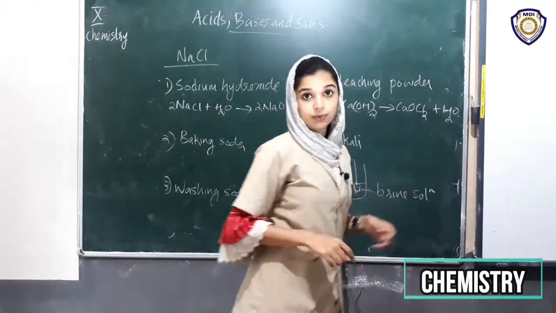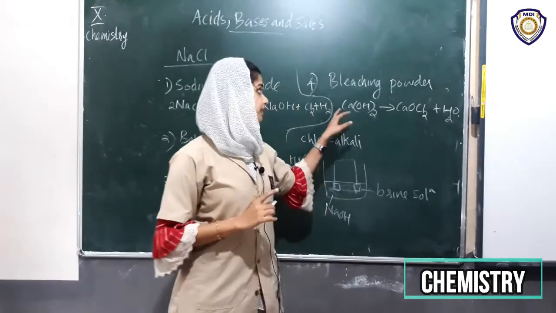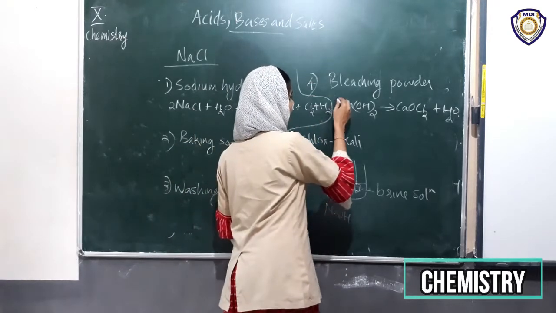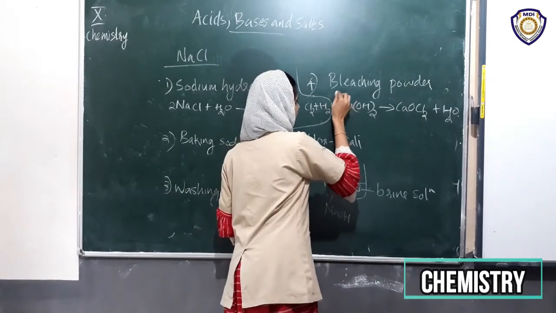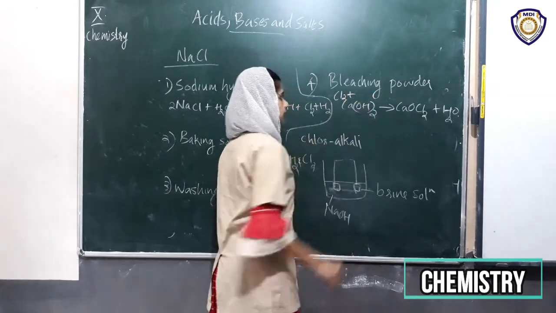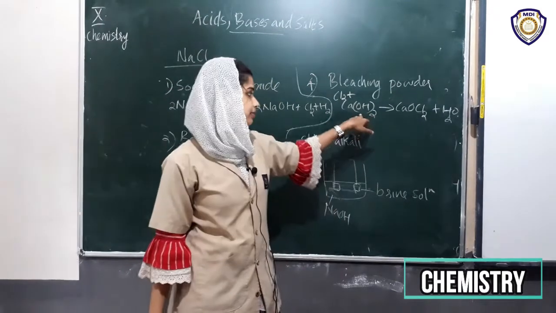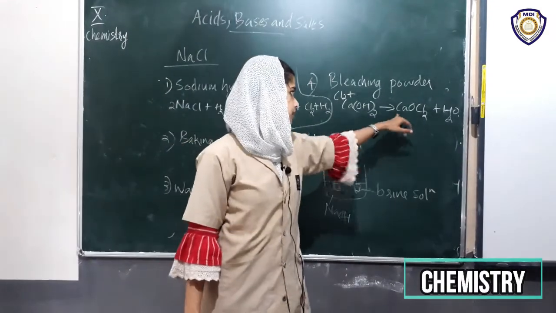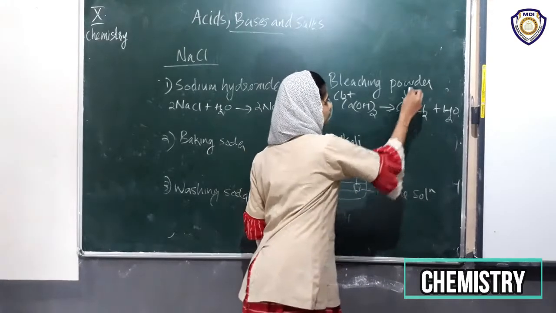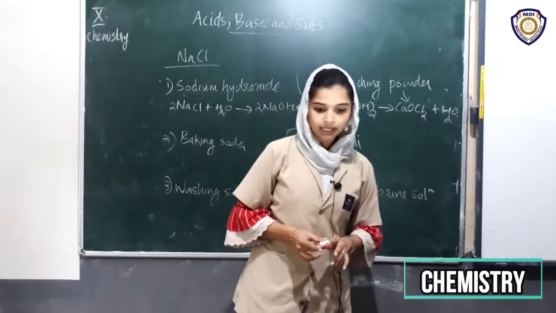So bleaching powder is produced by passing chlorine gas over slaked lime, calcium hydroxide. We get bleaching powder plus water.